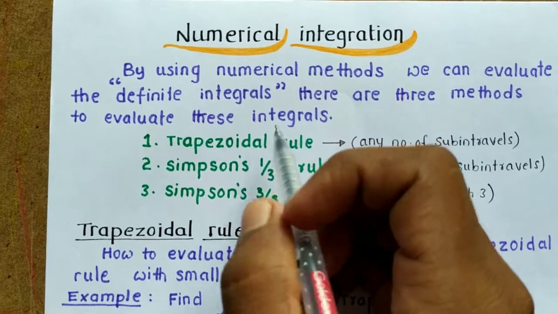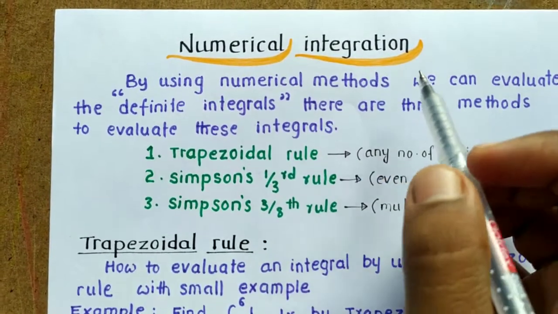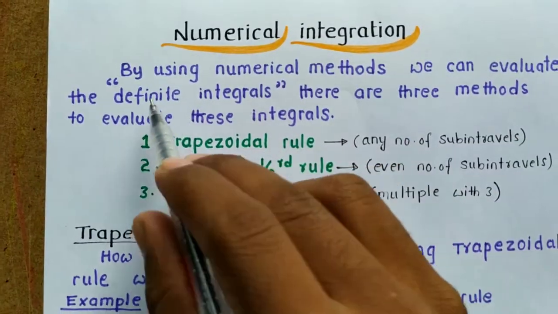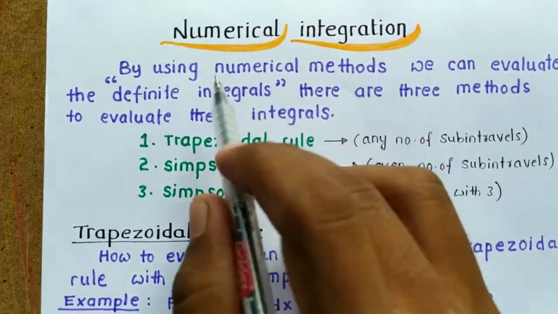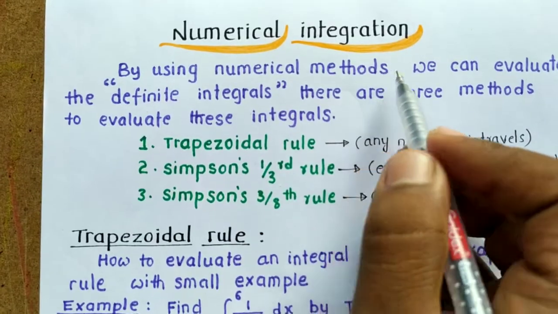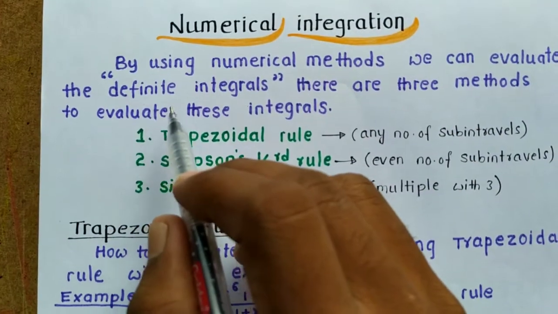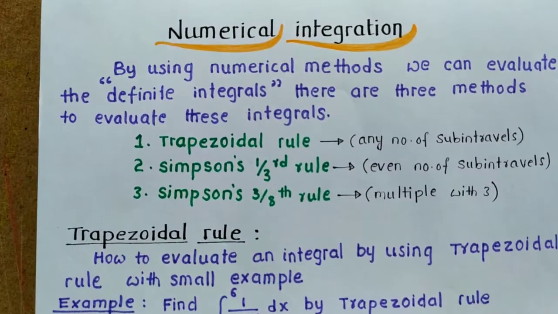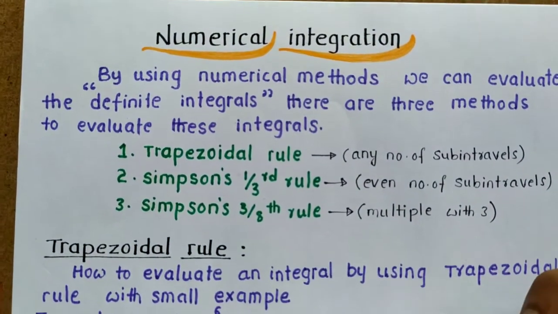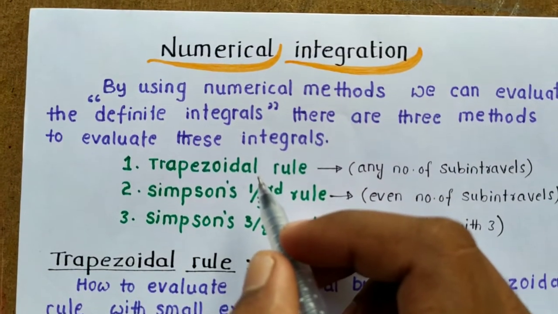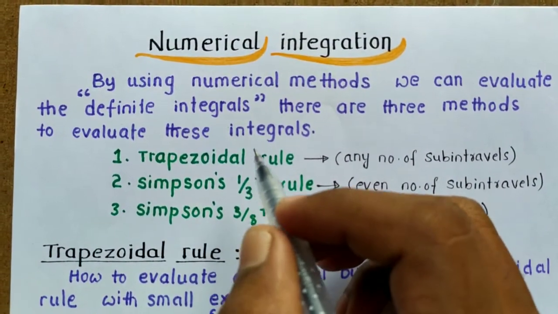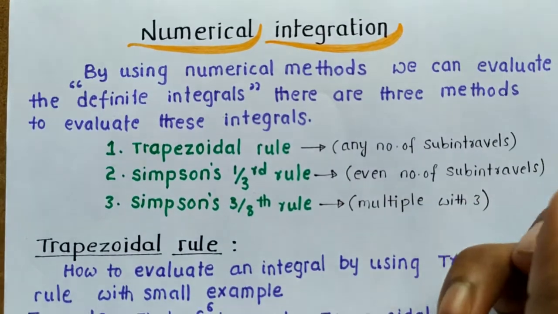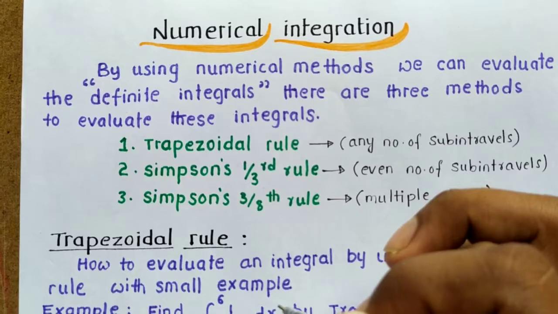Hi friends, here is numerical integration, our topic today. By using numerical methods we can evaluate definite integrals. There are three methods to evaluate these integrals. That means the given question is in the form of an integral, and we evaluate it using these three methods.